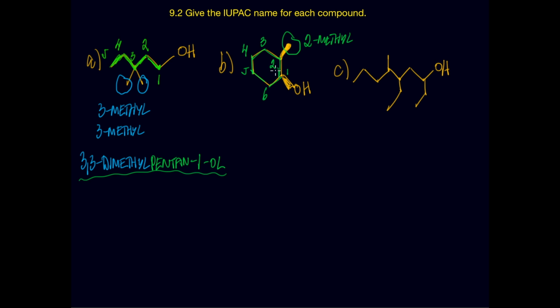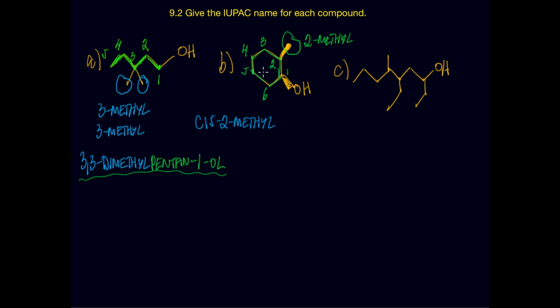Okay, and we want to assemble the name here. So the name here would become cis, because we have 2 wedges, so this would be cis. Okay, and there's a methyl group at carbon 2, so cis-2-methyl.